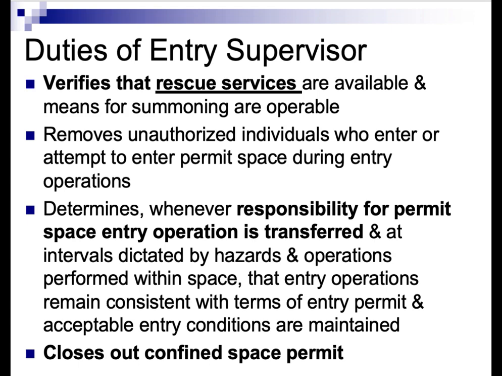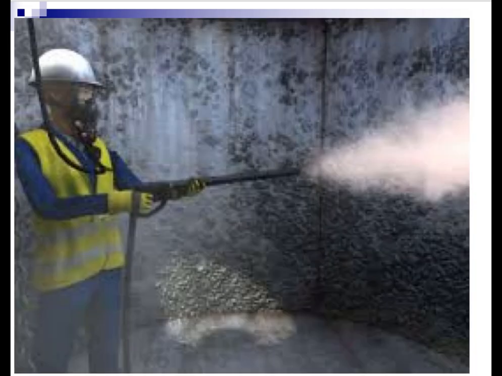They can also remove unauthorized people from the work area and transfer the confined space permit from person to person if that needs to happen, and the supervisor is the only person who can close out a confined space permit, which is very much the same as lockout tagout.